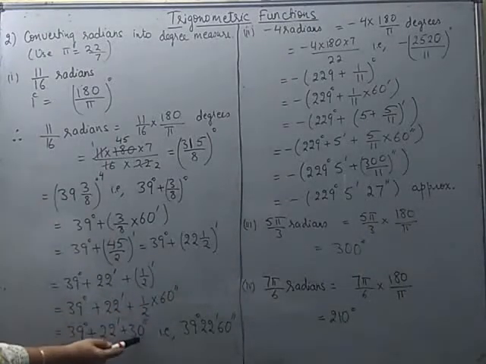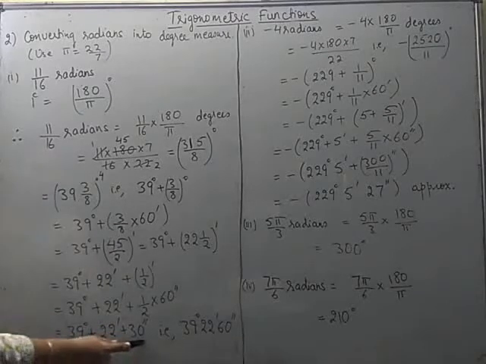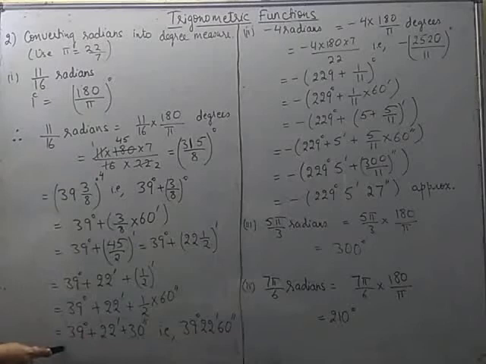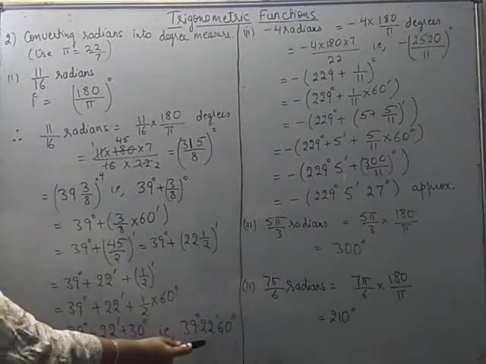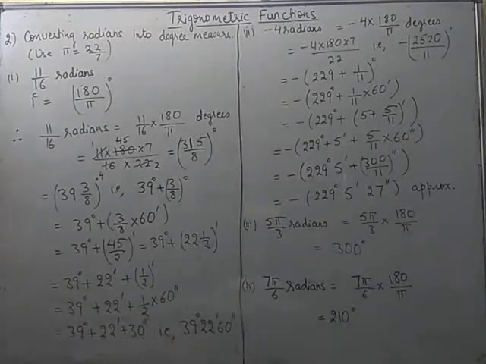And this on simplifying reduces to 30 seconds. So now we have 39 degrees plus 22 minutes plus 30 seconds. Because they all are in different units, they cannot be added. Instead of using this plus sign in between, we can express it as 39 degrees, 22 minutes, 30 seconds.